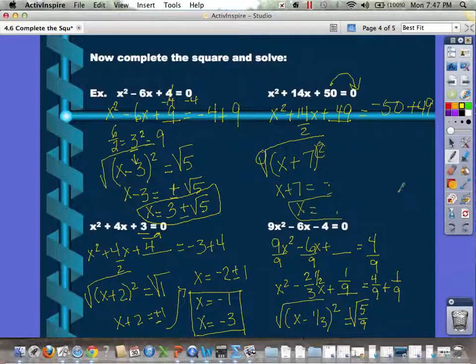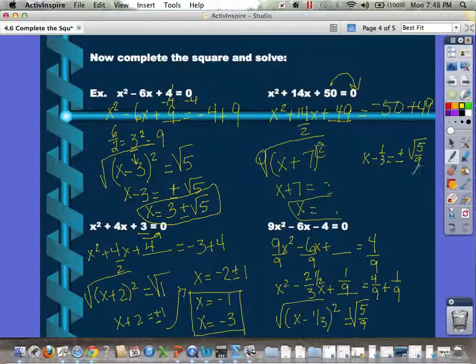Okay. So I'm going to move this up here. So I'm going to end up with x minus 1/3 equals plus or minus the square root of 5/9.